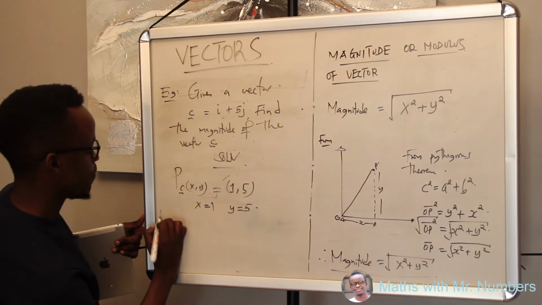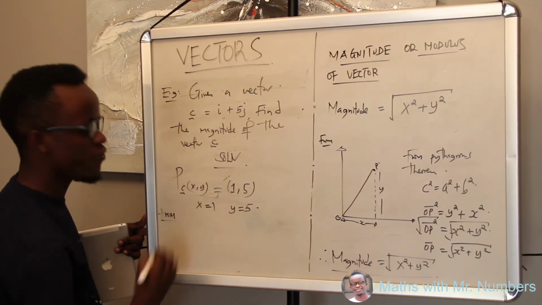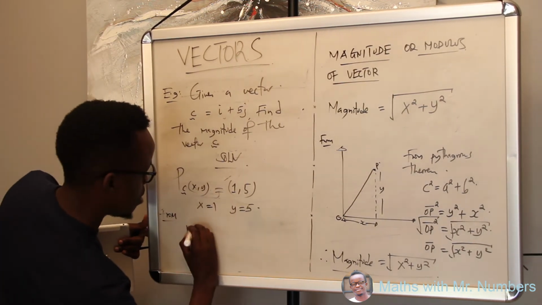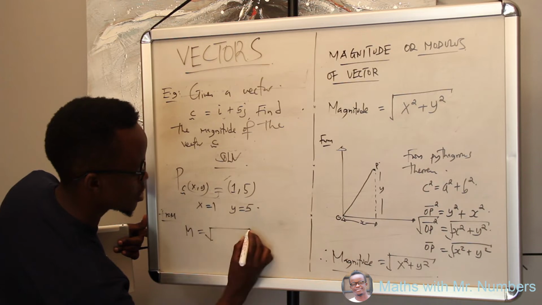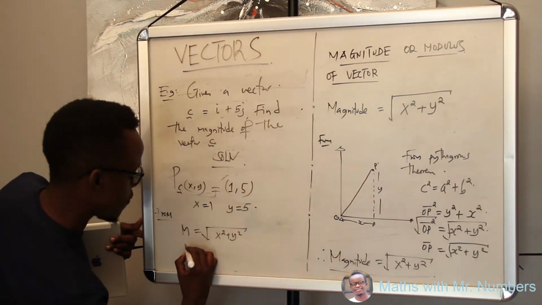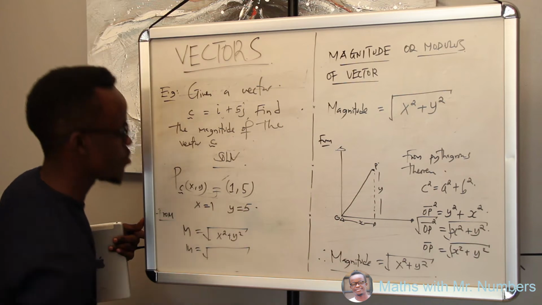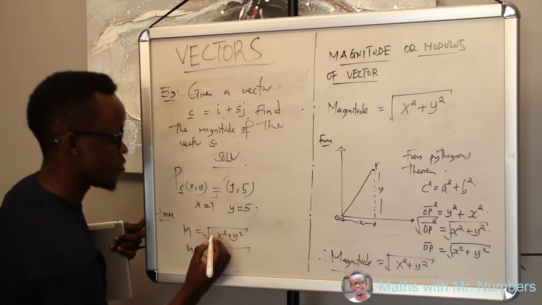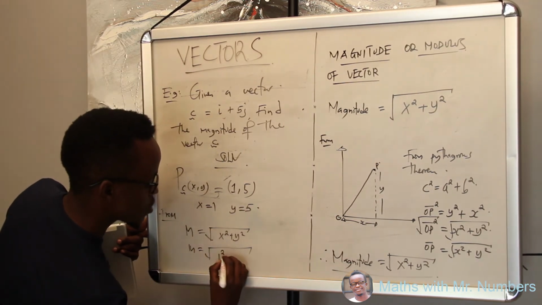Therefore, from our formula, the magnitude of a vector is the square root of x squared plus y squared. Having the value of x as 1, you substitute it, so you have 1 squared.